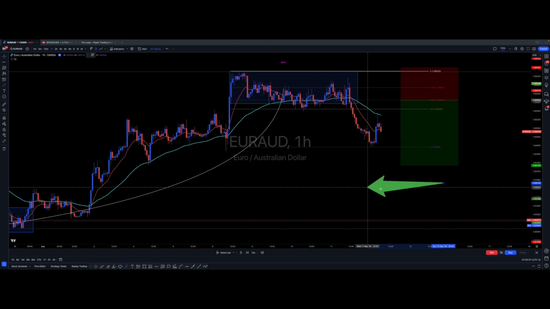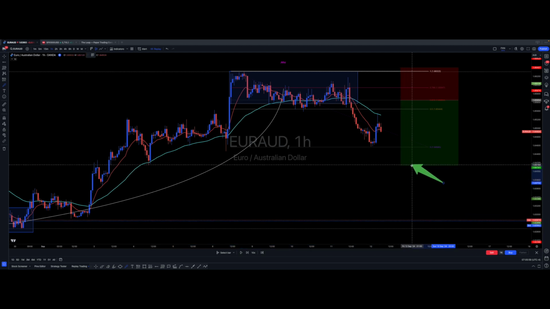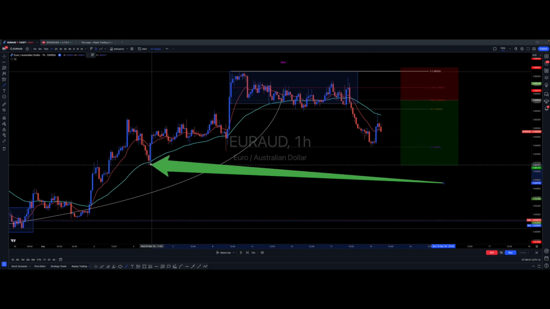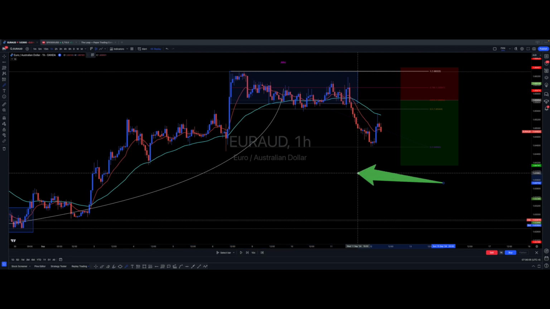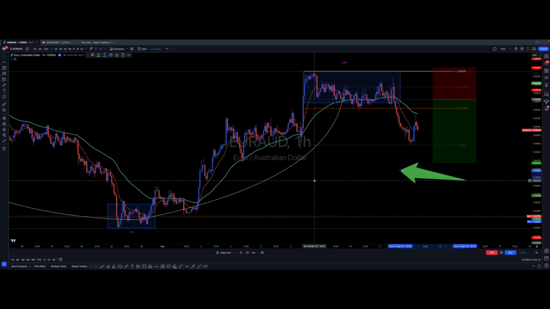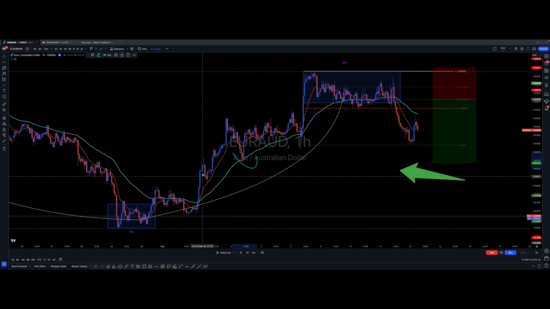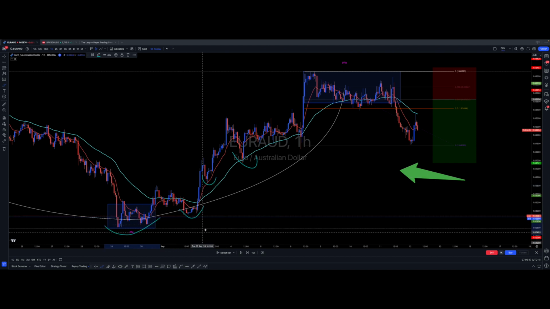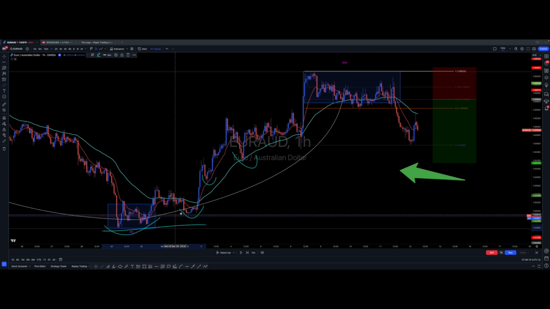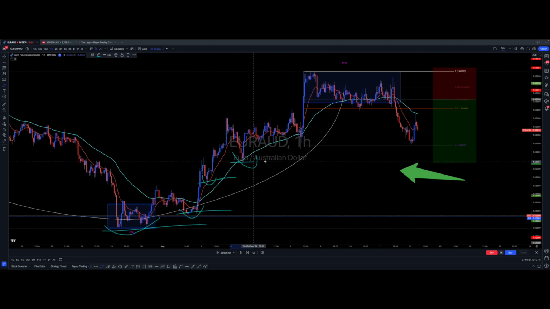Okay, so this one just coincidentally happened to be almost exactly at 2-to-1. But any of these points, when you look back to the left, so we're talking about this point here, this pullback, clearly this pullback as well, any of these points here, you can use as take profits.